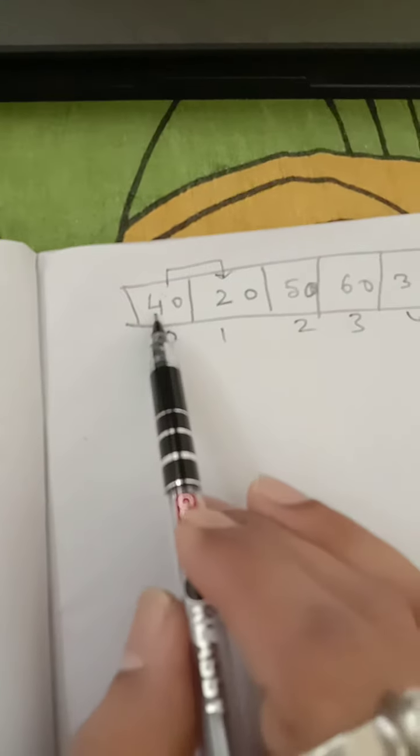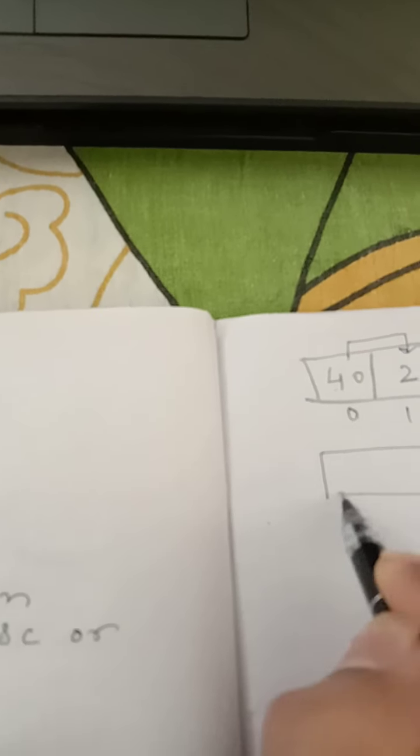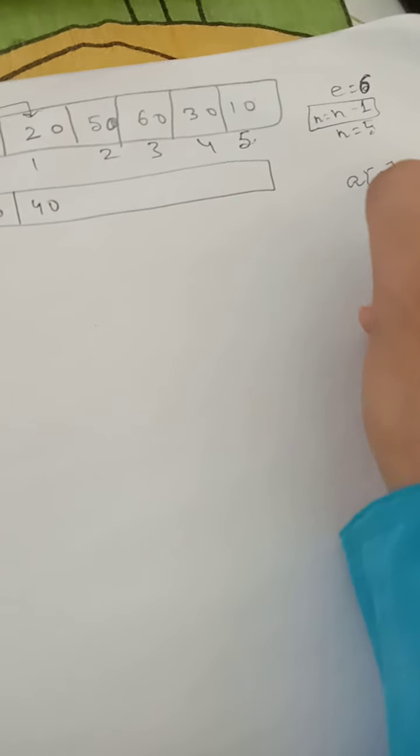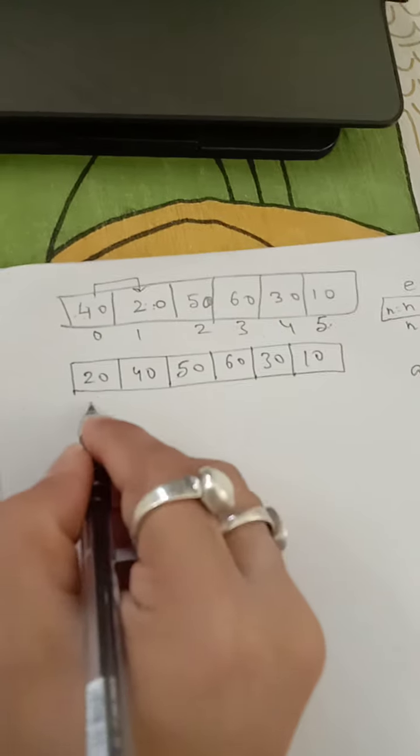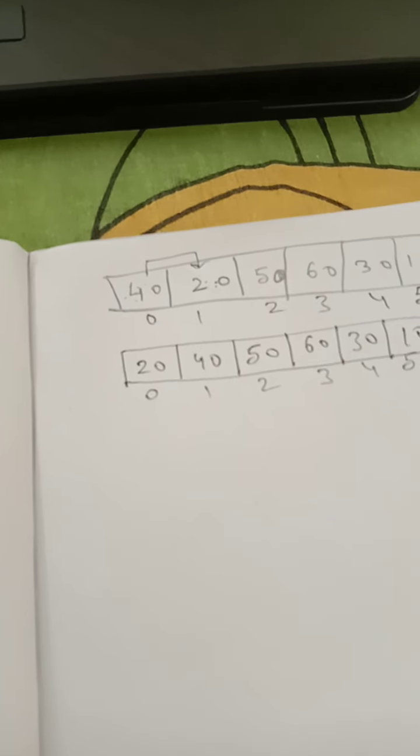We see that 40 is greater than 20, so this condition is true and we will be swapping. That means 20 will be placed here and 40 here, followed by 50, 60, 30 and 10, indices 0 1 2 3 4 5.